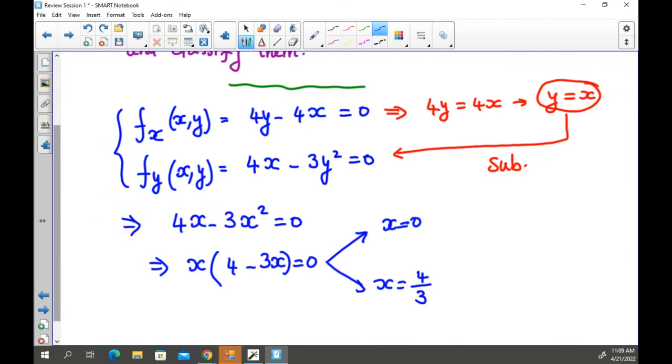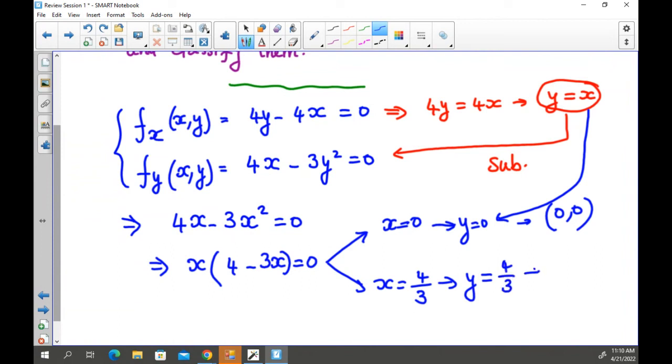Now, because y is equal to x, that means y is also equal to 0. So we get the point 0, 0. And that means y is also 4 over 3. So we're getting the point 4 over 3, 4 over 3.